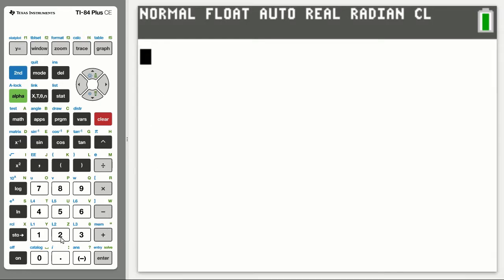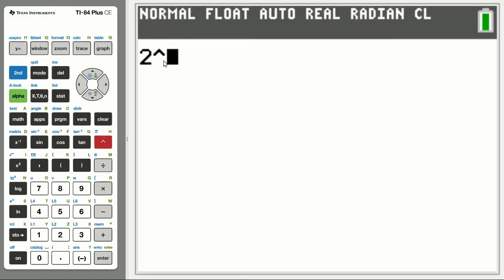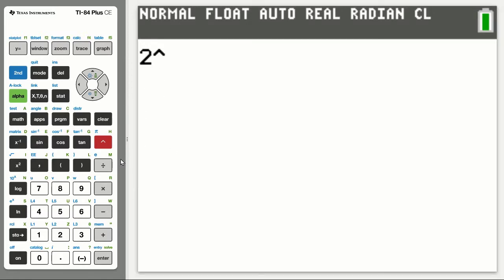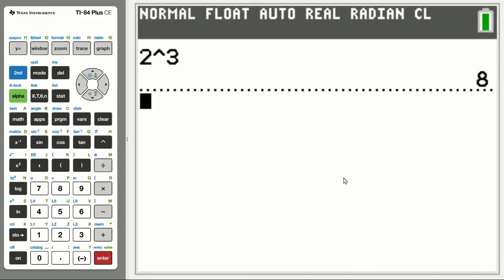So for example, 2 raised to the 3rd power, here's how we're typing it in. But the older calculators will not put you in superscript mode. That's completely okay. Just 2 hat 3, and that will give you the answer after hitting enter. I'm just trying to show 2 different versions of the operating system with the TI-84 or a TI-83.